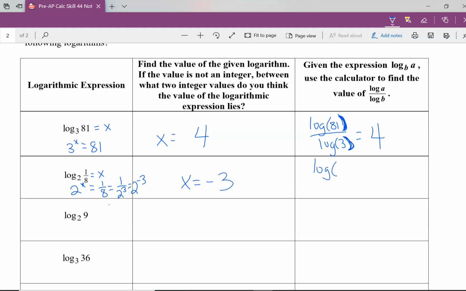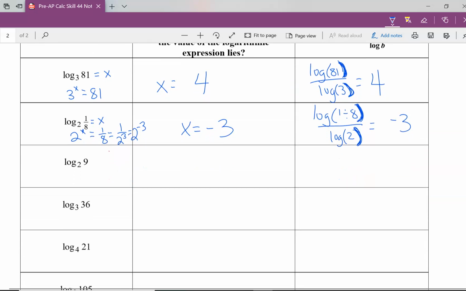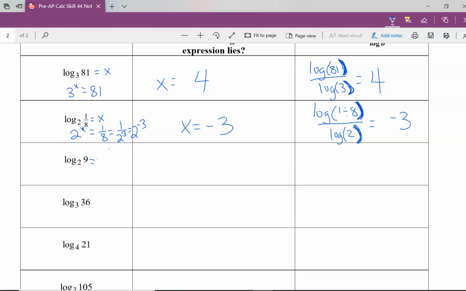If I were to type this in on a calculator, again, please make sure you close those parentheses. You would get negative 3. The next one is saying 2 to what exponent gives me 9? I don't have an integer exponent that I can raise 2 to in order to get 9. I do know that 2 to the third makes 8, and 2 to the fourth makes 16.